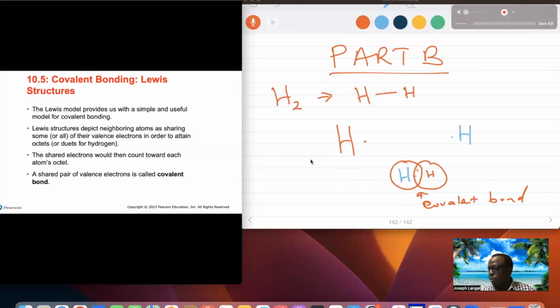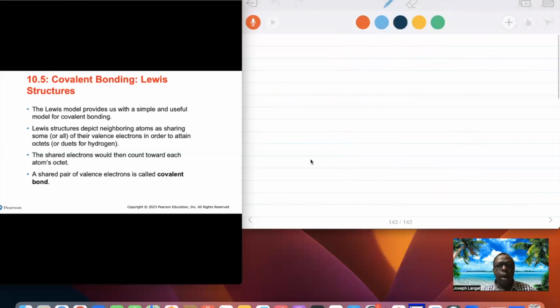For the octet rule, when atoms form a chemical bond, they end up with 8 electrons in their valence shell. We call this the octet rule. For example, ICl. Iodine is in group 7, so 1, 2, 3, 4, 5, 6, 7.